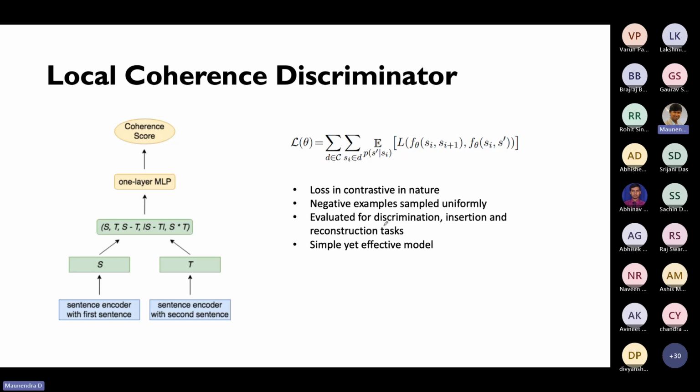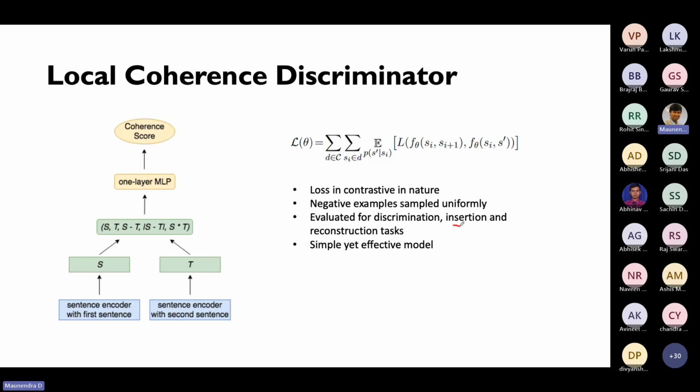Given a pair of sentences, you should tell whether they are adjacent or not. It is very similar to the next sentence prediction task. Then there could be sentence insertion. Here you take a document, extract all the sentences S1 to Sn, and take out one sentence S_i.